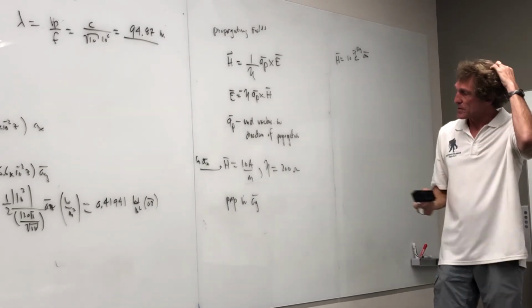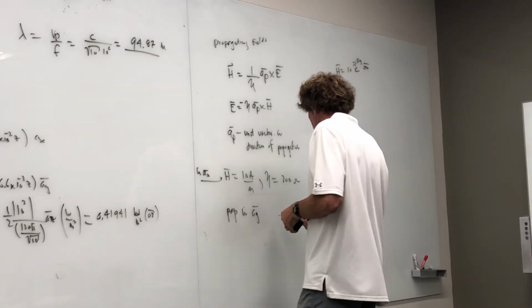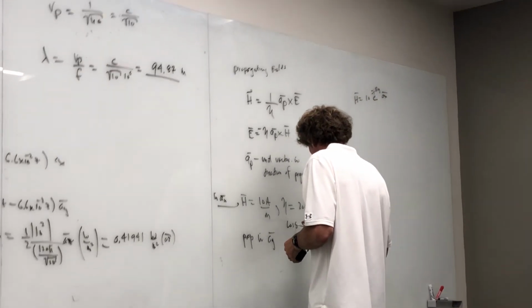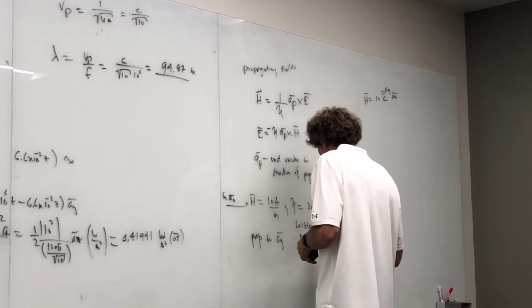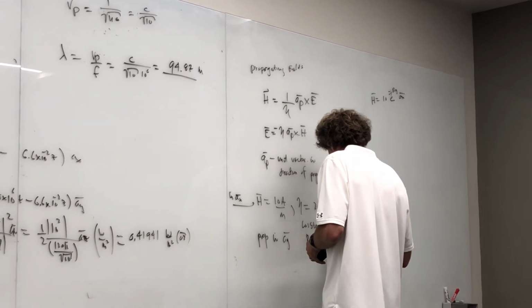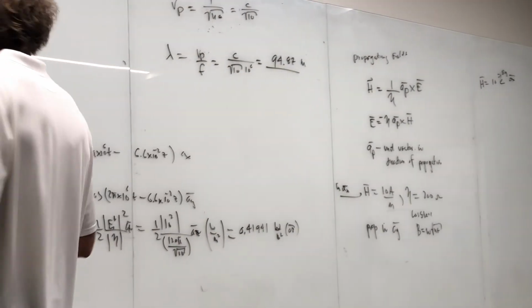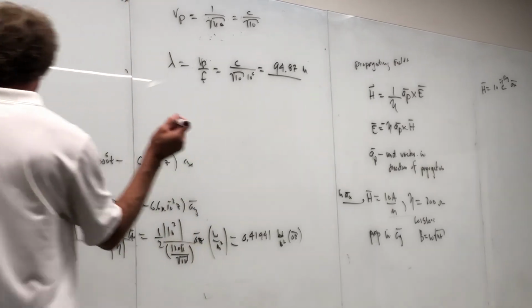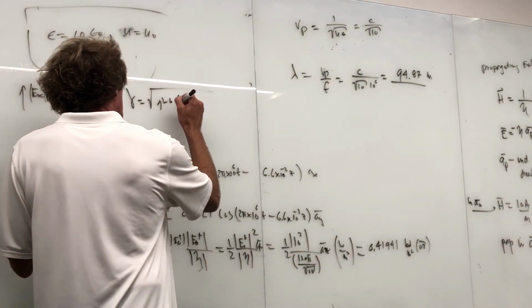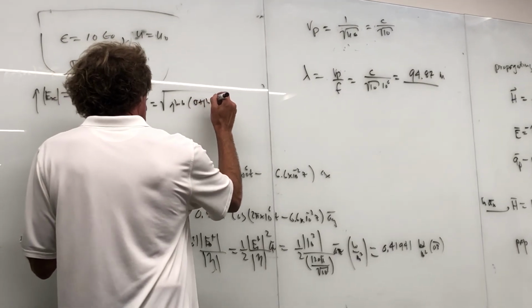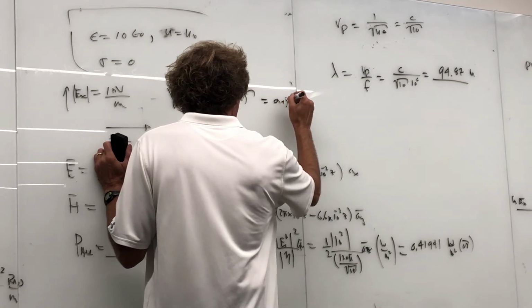I didn't put a frequency down, so remember beta in general for a lossless case is equal to simply omega times square root of mu epsilon, and I'll tell you how I get that. You know how gamma in general is equal to the square root of j omega mu times sigma plus j omega epsilon? And that's equal to alpha plus j beta.